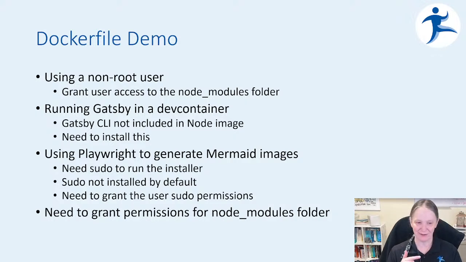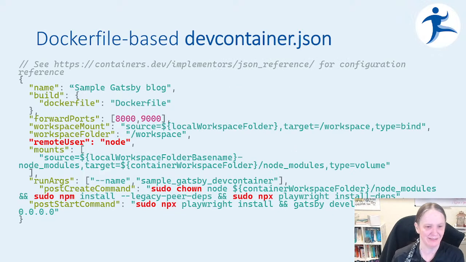So notice as I'm going through this, okay, now I need to make sure I account for all of these. And by the way, non-root user: by default these dev containers are running as root users. So if you're doing a non-root user approach, you need to remember to grant permissions to these folders. Because when you go to rebuild your site and you don't have access to node modules, that gets to be a pain. I've walked these pains for you, so let's show you what I found.